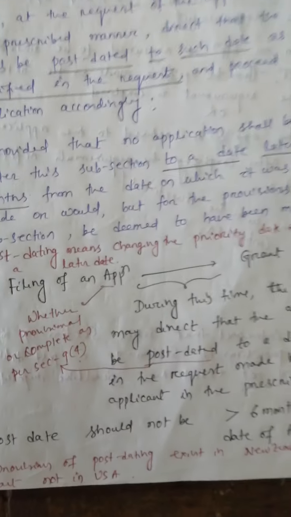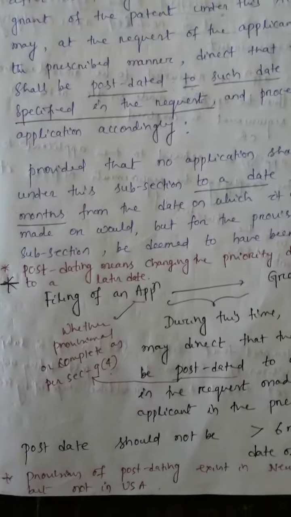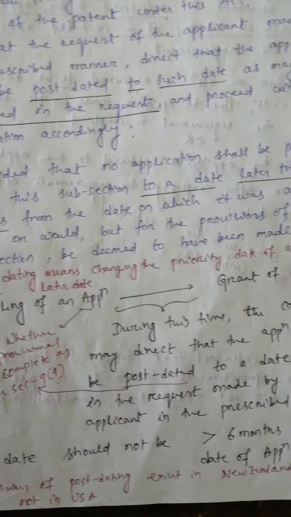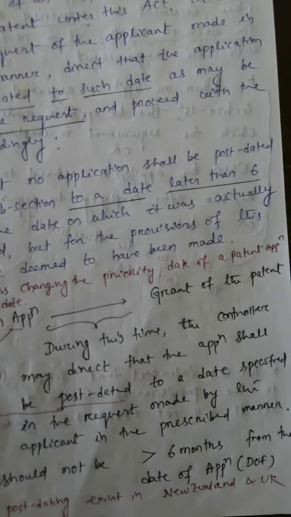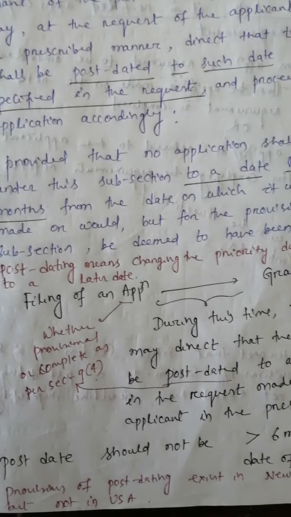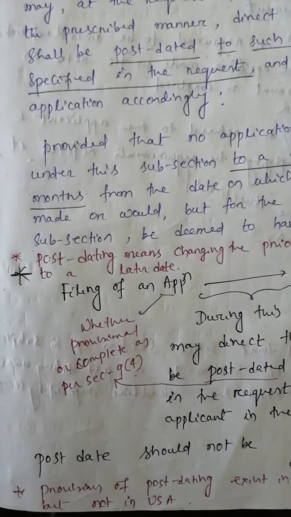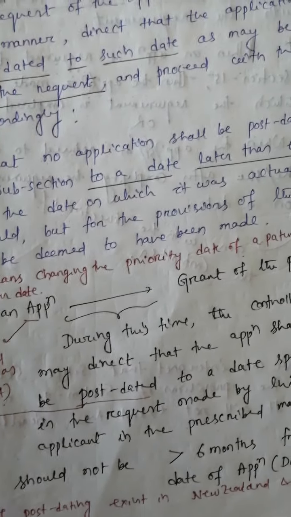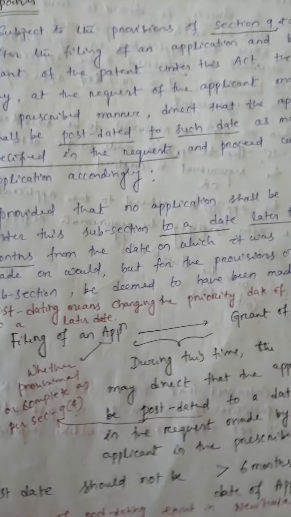Provided that no application shall be post dated under this subsection to a date later than 6 months from the date on which it was actually made or would, but for the provisions of this subsection, be deemed to have been made.